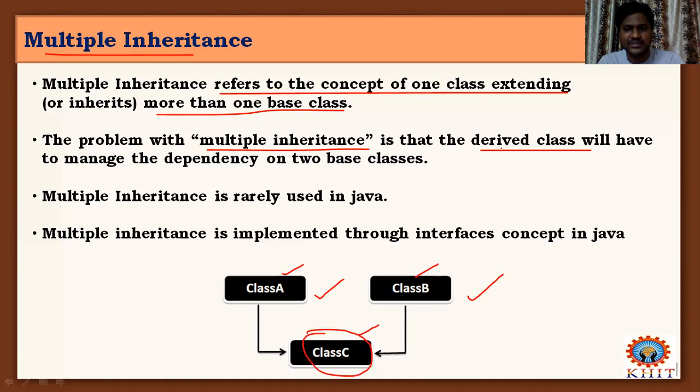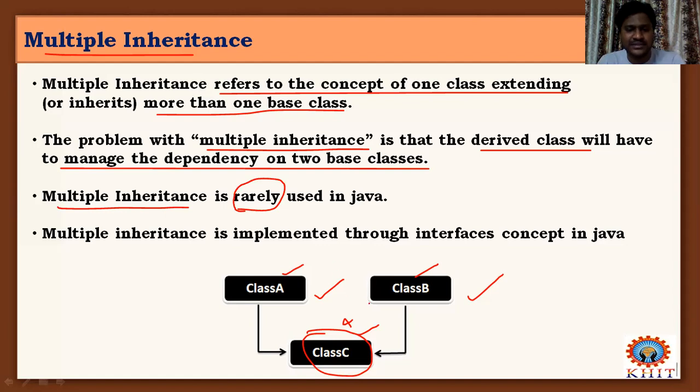The problem here is that this derived class will have to manage the dependency on two base classes, or more than two base classes. Is it possible? With classes, this is not possible in Java. It is a severe problem, so multiple inheritance is rarely used in Java.